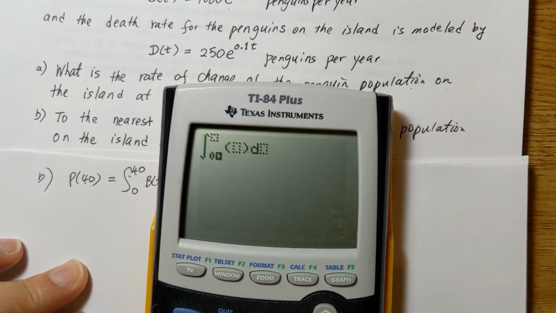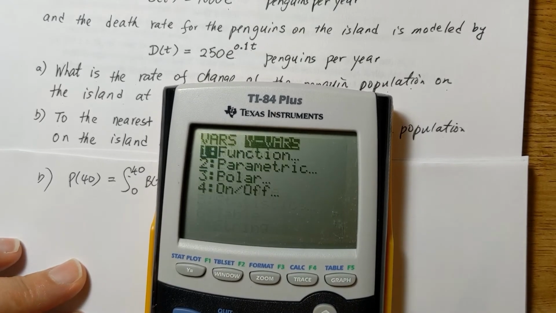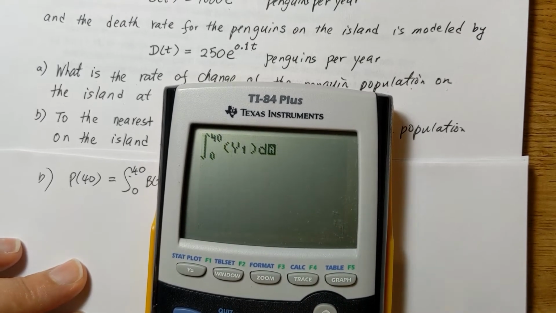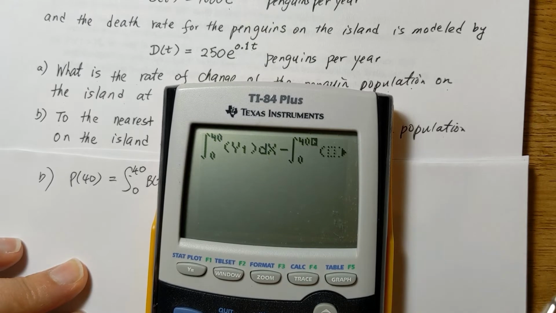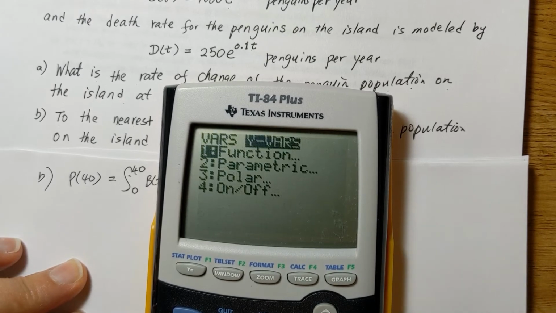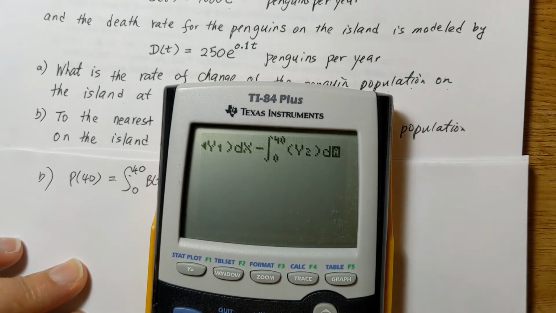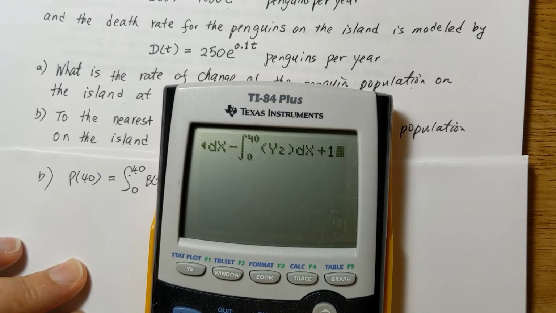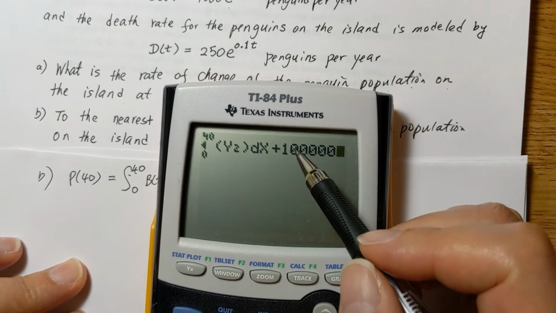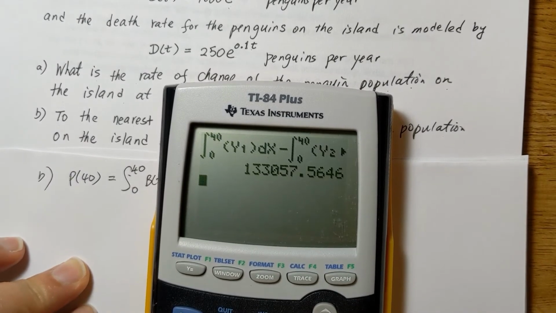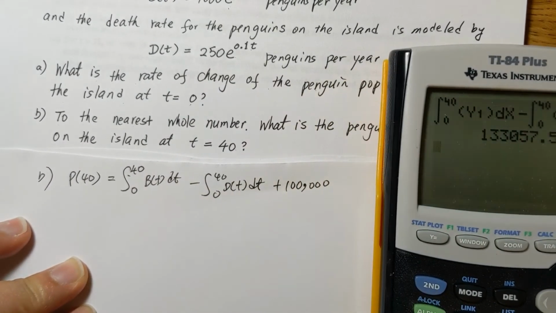We got 0 to 40. Now enter. So we've got the number.